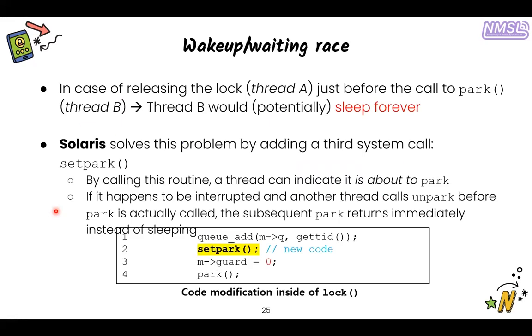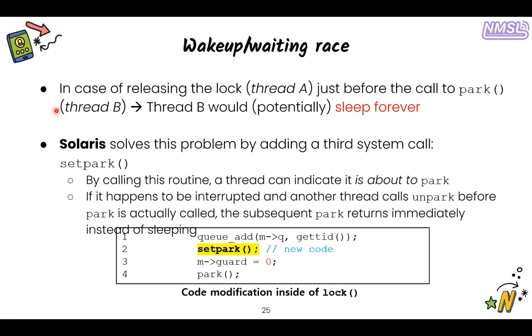Now, in this sleep-wake case, sometimes, due to very bad timing, somebody might sleep forever, and we don't want that, right? So let's say thread A is releasing the lock just before the call to park by thread B. Then thread B potentially could sleep forever.